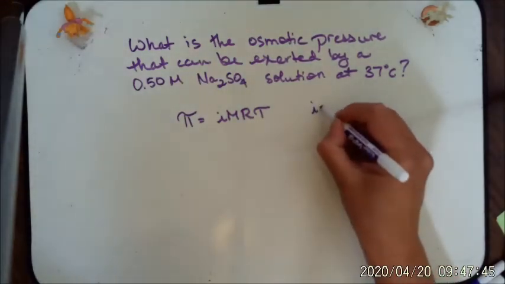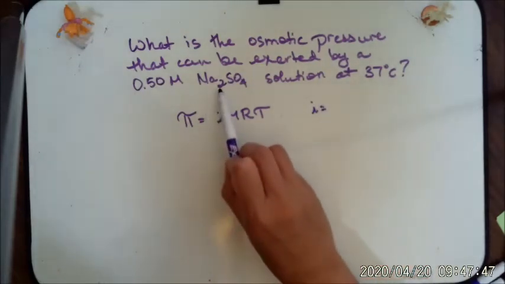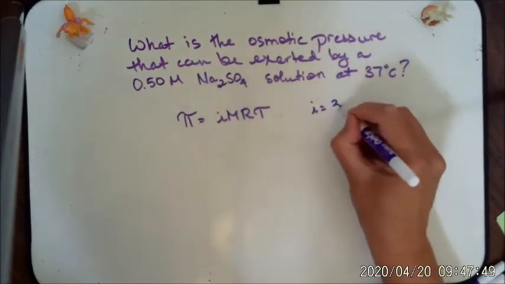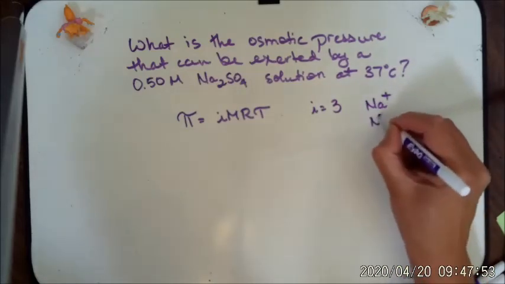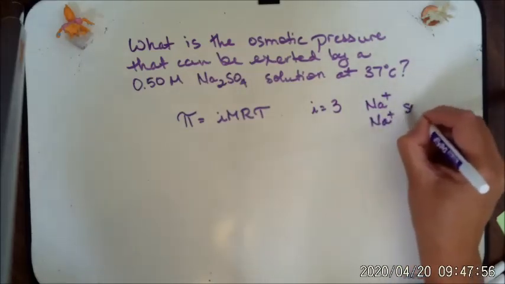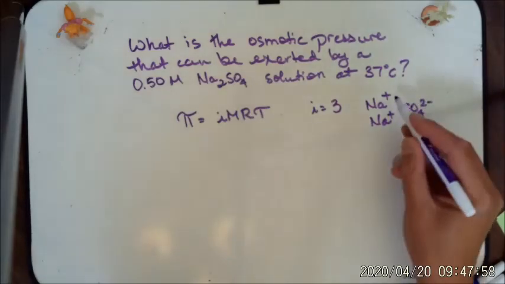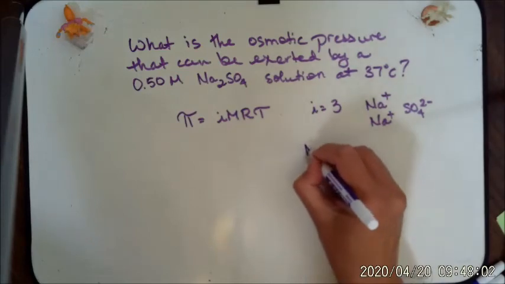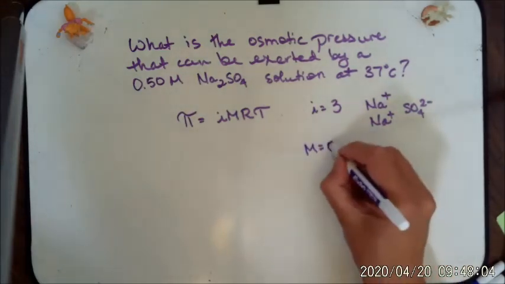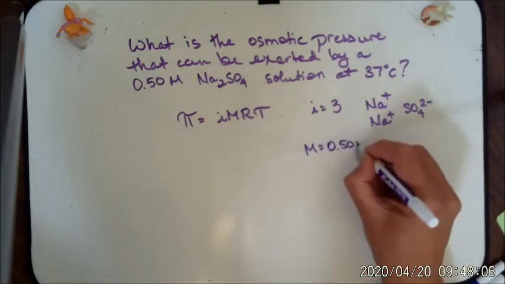So, let's go through and get all our values and calculate it out. i, how many particles? 1, 2, 3. Because when sodium sulfate dissolves, I have 2 of these, and I have 1 sulfate, which gives me a total of 1, 2, 3. The molarity, the concentration, is 0.50 moles per liter.